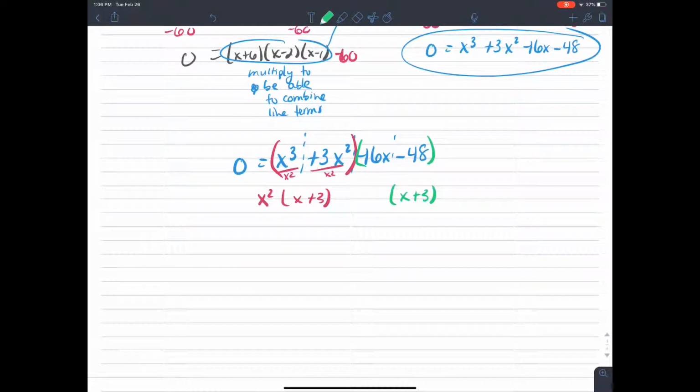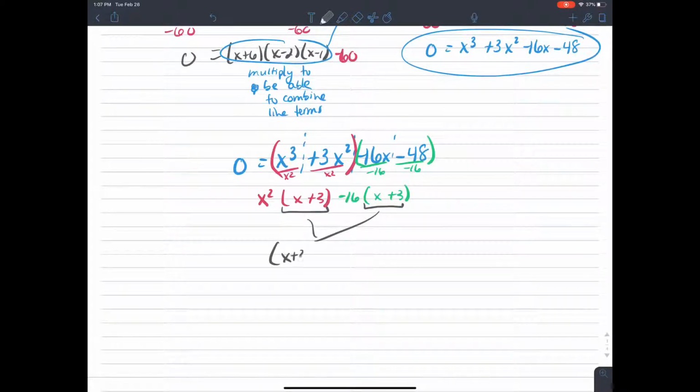So if I wanted a negative 48 to turn into a positive 3, when I look at their GCF of 16, I have to pull out a negative 16. If I divide this by negative 16 and this by negative 16, I get an x plus 3. And at this point, of course, we're checking our work to make sure that this parenthesis is the same as that parenthesis, and it is.